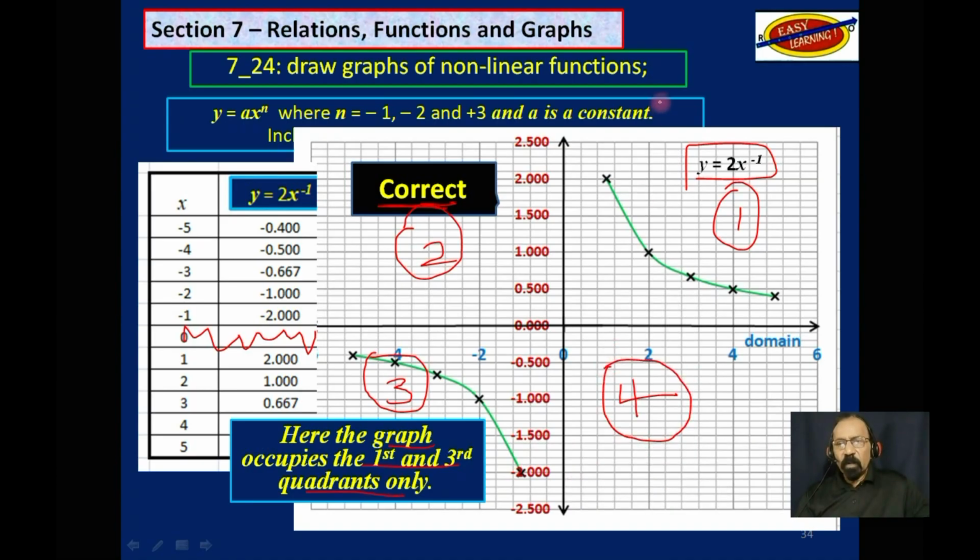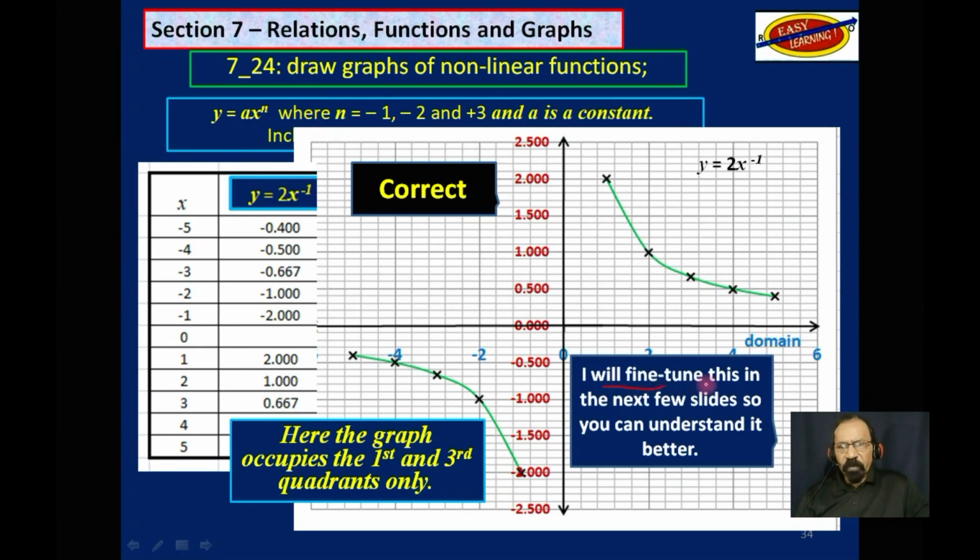So right now, when you have this format, the graph is occupying only the first and the third quadrant. But of course, you have to show the second and the fourth, because without that, those two quadrants wouldn't exist. Now, I will fine-tune this in the next few slides so you can understand it better.